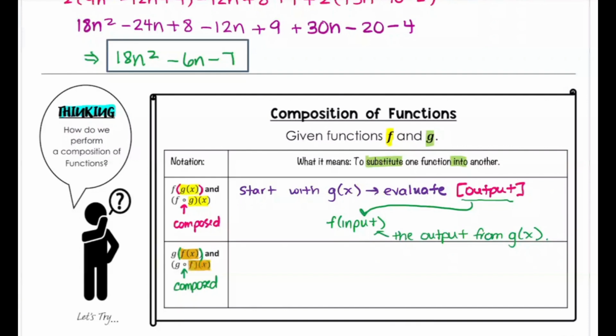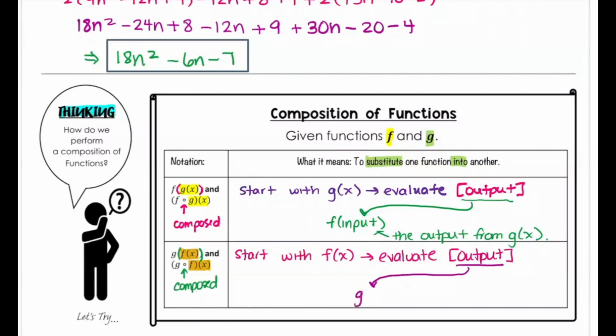You start with that function. We evaluate this function. That's going to give us some sort of output. Now that output becomes the input for the other function, in this case, the g function. And the process continues the more functions you have.